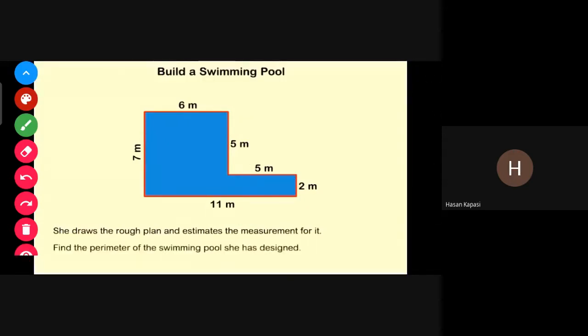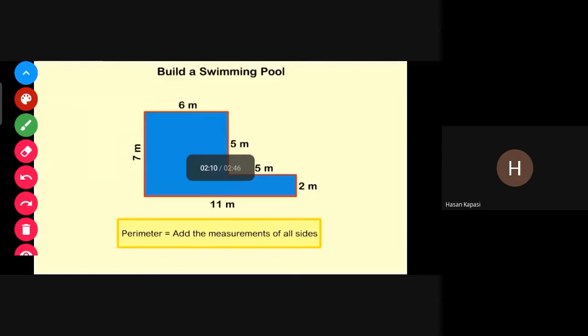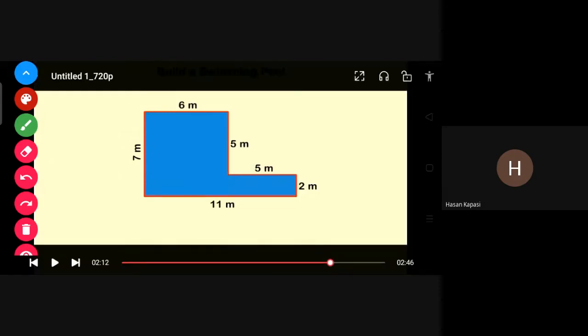Perimeter means addition of all the sides. Yes, I add all the sides here, the downside it is written. Yes, I add all the sides.